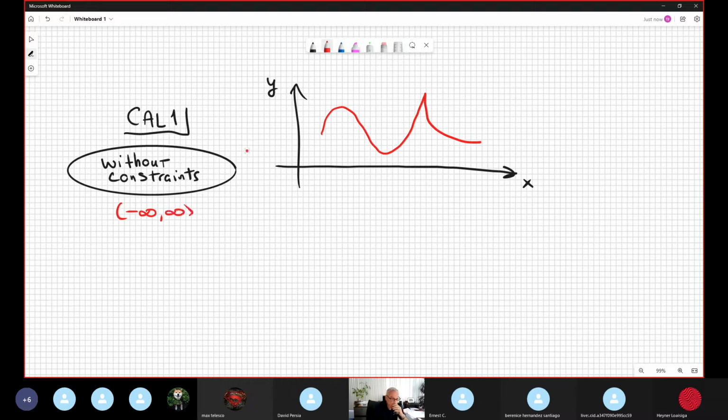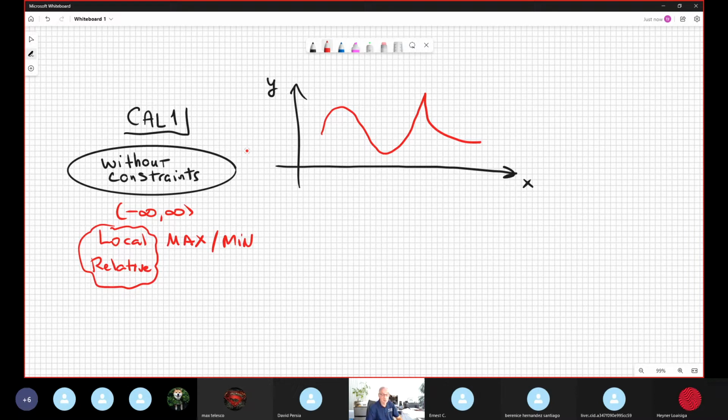My goal is to find the local max and min. Another name associated in the book is relative. Relative is a synonym to local. Local max, local min, or relative maximum, relative minimum.